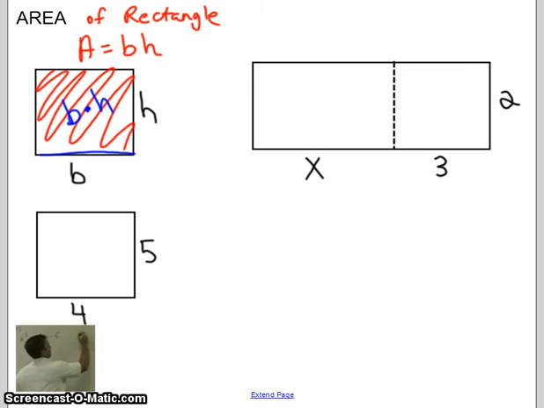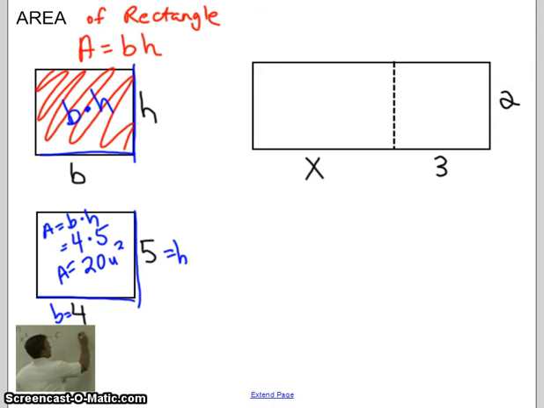So the area of this rectangle here is the base times the height. Now the base here is 4, so we're going to sub in the value of 4 for B. And the height is 5, so we're going to sub in the value of 5 for the height. Well, what's 4 times 5? It's 20. So 20, whatever the units are, squared for the area.